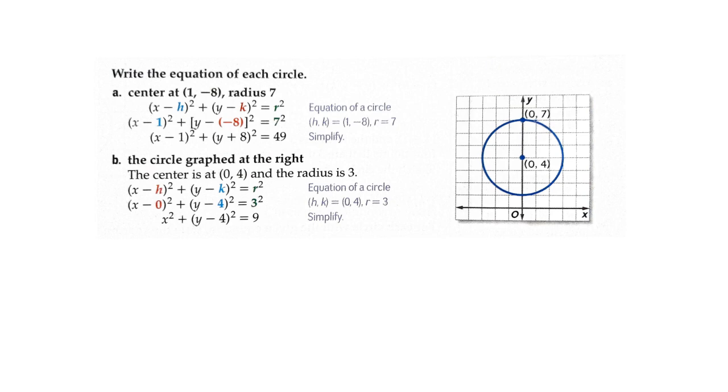We have h is 0 and k is 4, and the radius here is 3, because we have the distance from the center to this point, so we have 3 units. We can just count the units, or we can do 7 minus 4, then we get 3 for the radius. If we plug in these values to h, k, and r of the equation, we'll get x squared plus (y minus 4) squared equal to 9.